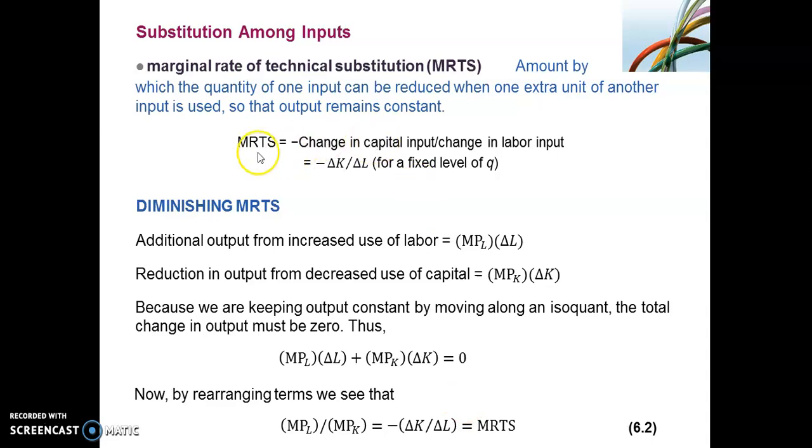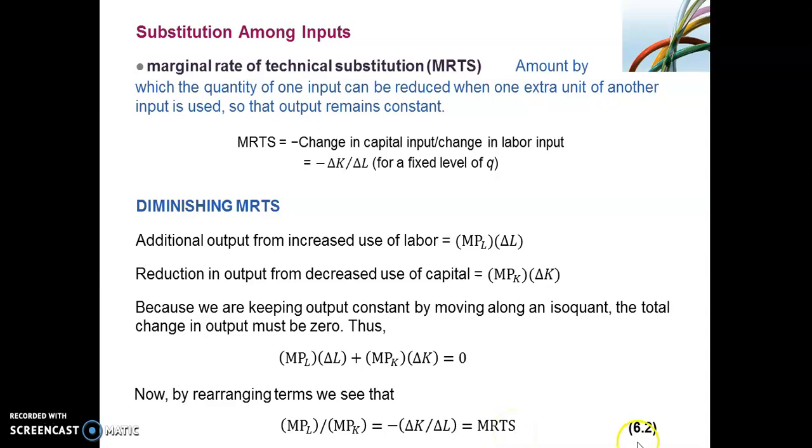We just saw that your marginal rate of technical substitution is the negative change in your capital over the change in labor. We just saw that that is our slope. And here we have shown that the ratio of our marginal products is equal to our slope, which is equal to our marginal rate of technical substitution.